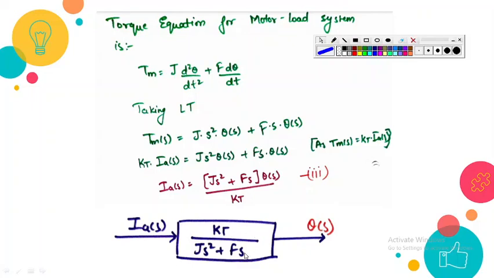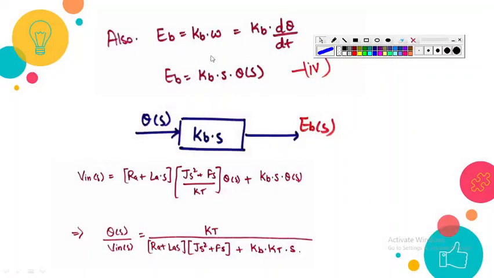We can actually extend these two block diagrams. Also we know that the back EMF is actually proportional to flux into speed, and in this case we have said that the field flux is constant. We have taken it as constant, so the back EMF will be proportional to your speed.